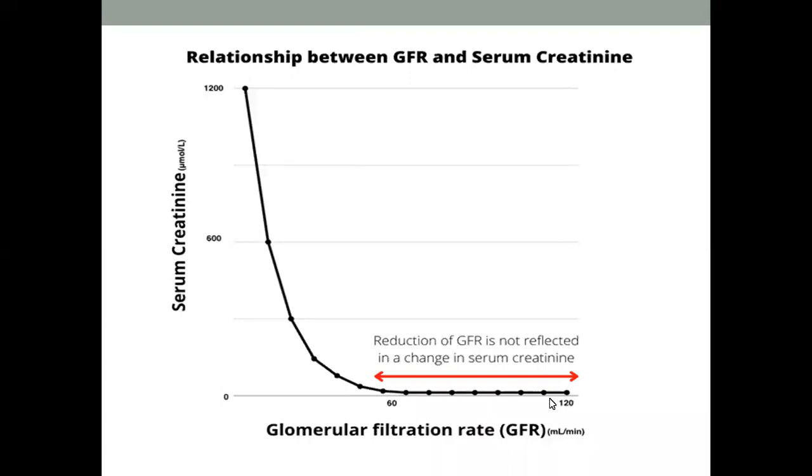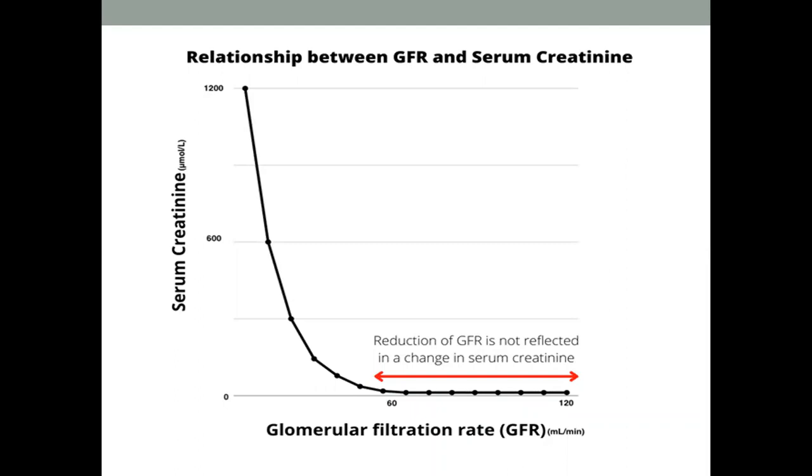So even when GFR goes down from 120 to as low as 50, there's little or no change in serum creatinine. So you can imagine that there's a reduction in kidney function, but serum creatinine begins to rise only after the GFR has reduced to about 50.